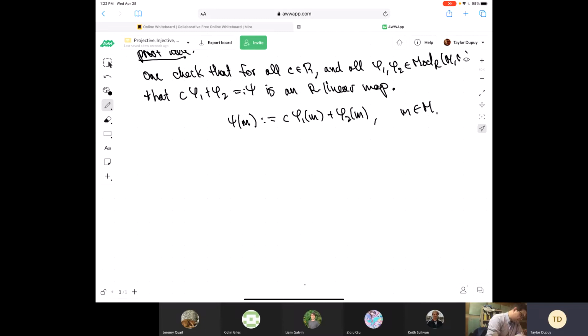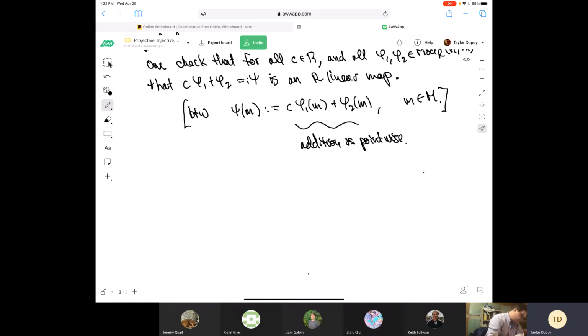Okay, and so to check that it's R linear, maybe I should say this: the addition is pointwise. So what do you need to check?